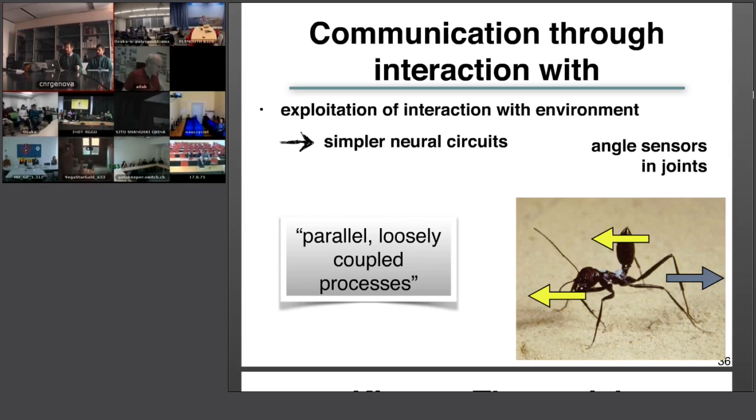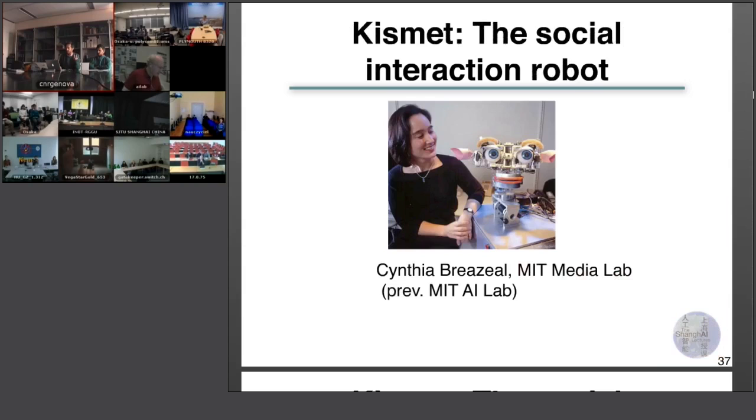This is made by angle sensors, to be a bit more detailed, but the idea is that each leg has its own sensor and actuator. The neural circuits we see are simpler, but are still very complicated with respect to a standard computer. So we need more computing power, and we are more or less confident that we will have it in the future. But this points to the fact that we need to consider the embodiment.